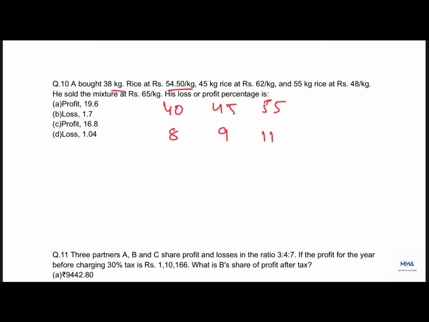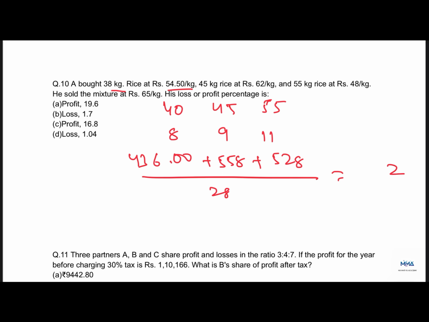So now we can start multiplying this. 8 into 50 is 400, 9 into 62 is 558, 11 into 48 is 528, summing up to 1486 by 28. So this is going to be 22, 2, 5 plus 5, 10 plus 12, 2, 1, 5 plus 5, 10 plus 15, 22 by 28.